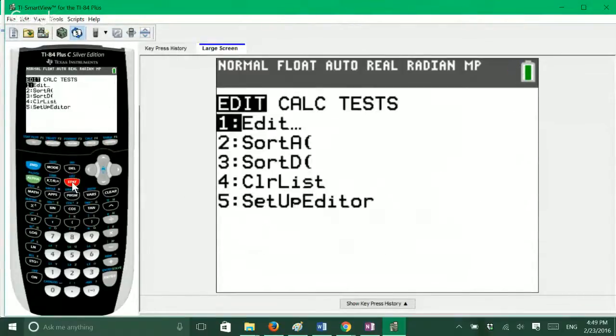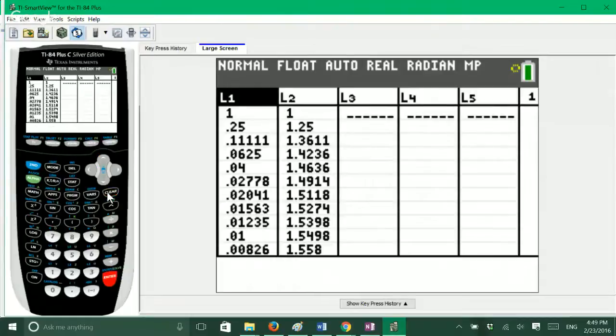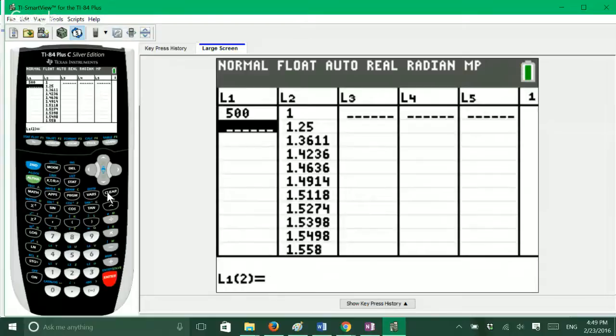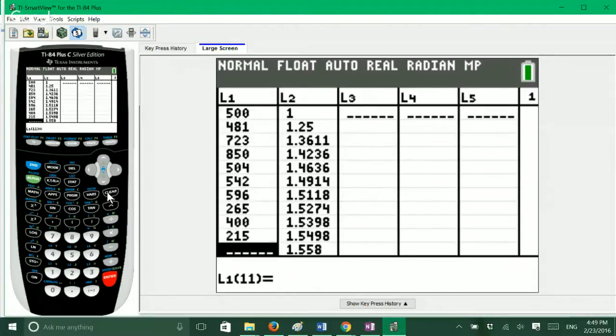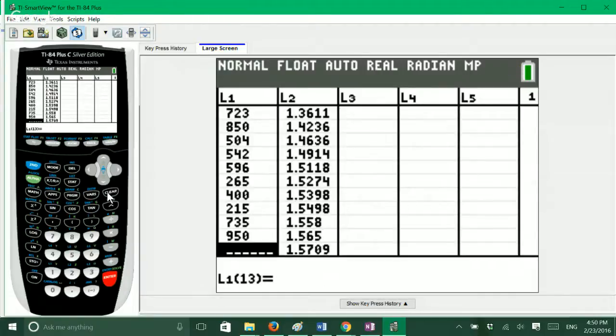There are 3 graphs you could look at, and we'll go through each as soon as we enter the data. 500, 500, 481, 723, 850, 504, 542, 596, 265, 400, 215, 735, 950, 654, 608, 315. So that's all of our data in there.